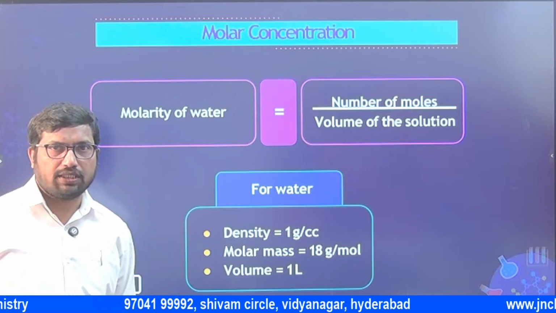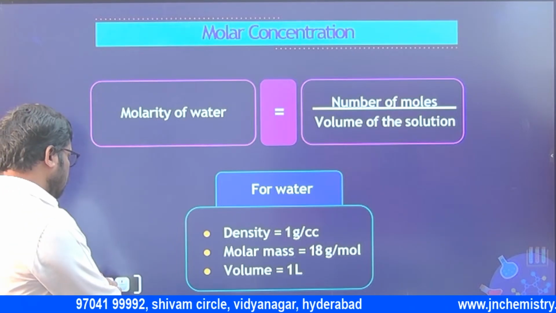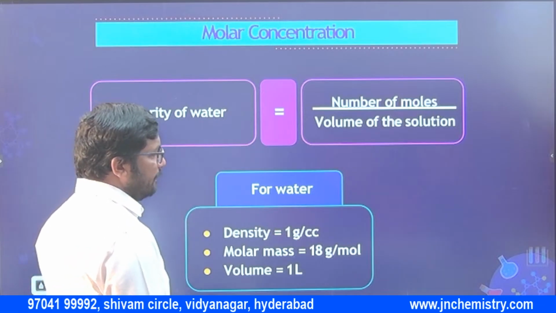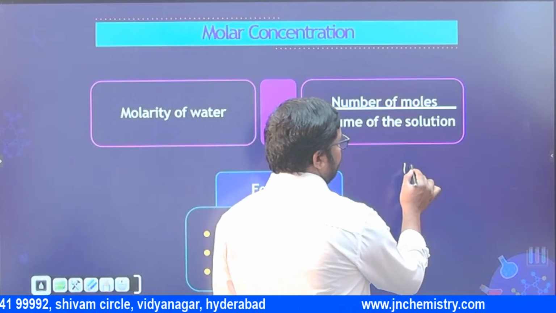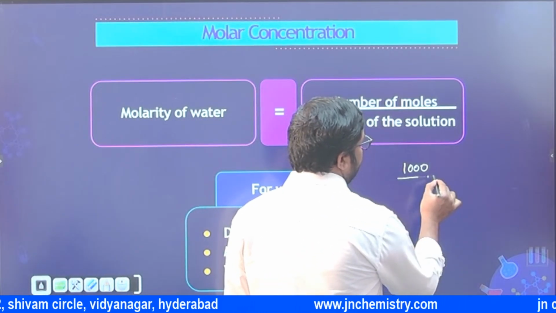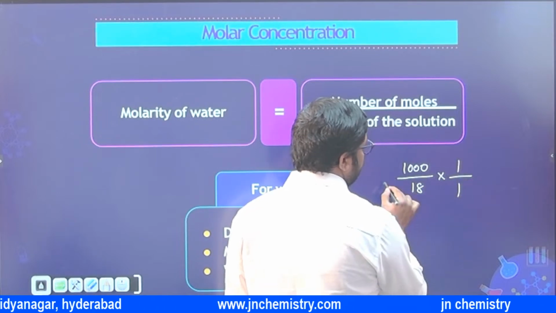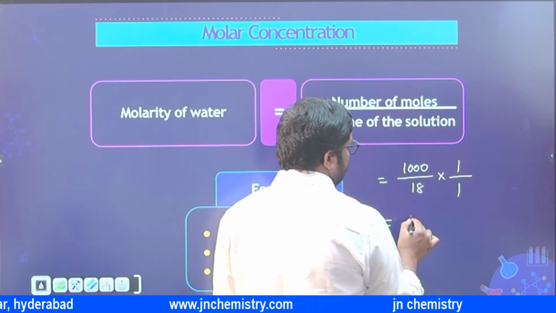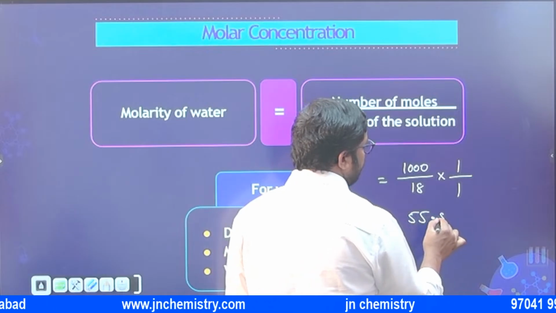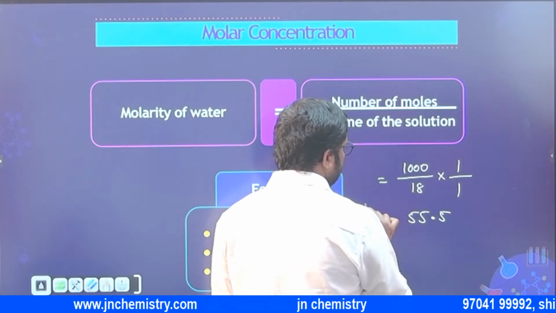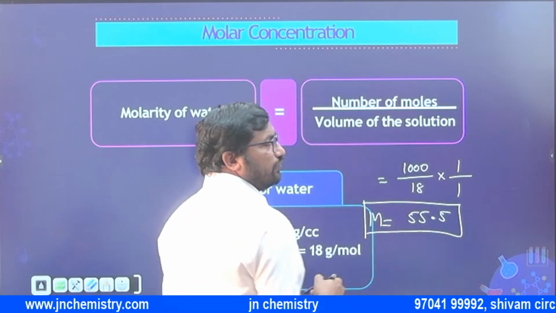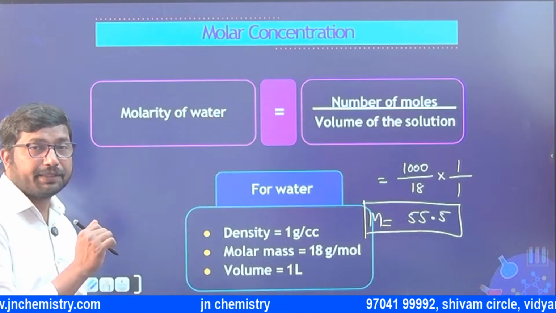One liter of solution is nothing but 1000 grams of water, by its molecular weight 18, into 1 by 1 liter. We'll get 55.5 molarity of pure water. This value they won't give, so we need to calculate and remember it.